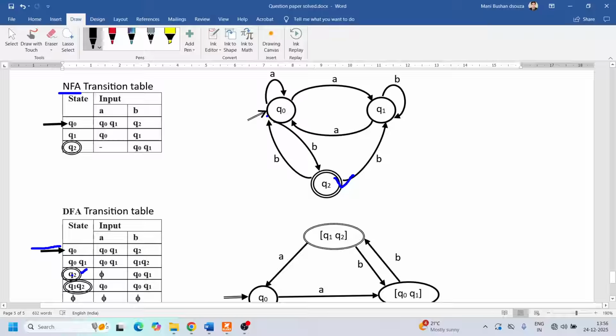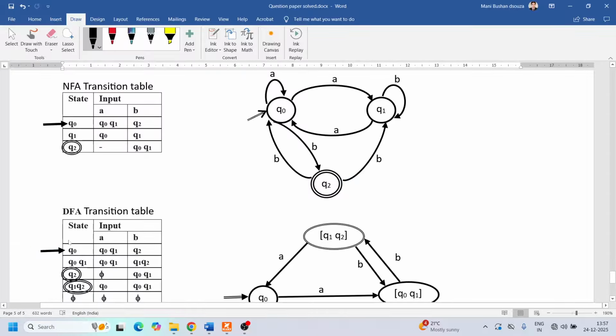Here you have Q1, Q2. Again, because Q2 is there, this is going to be a final state. Both of them are final states, because they contain Q2.